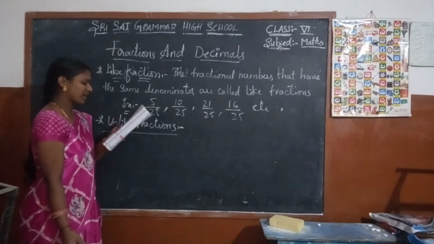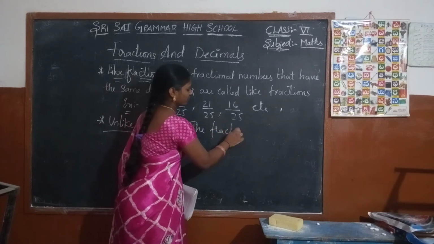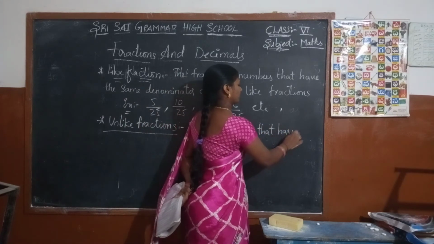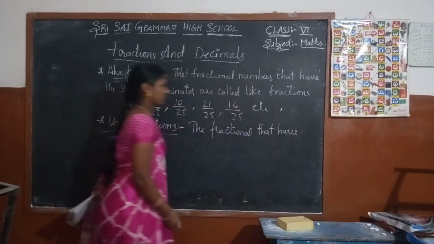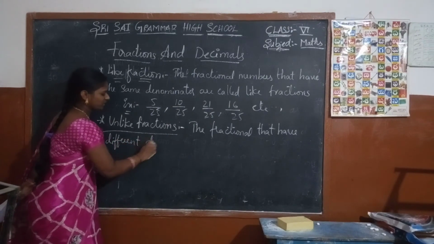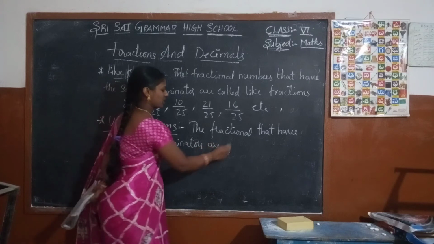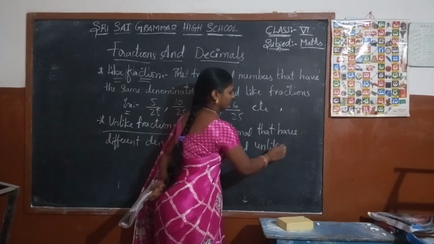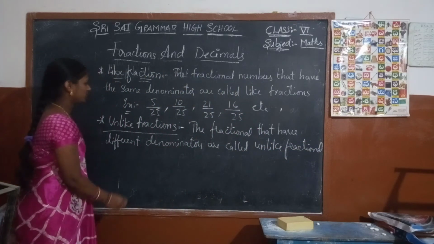Unlike fractions: the fractional numbers that have different denominators are called unlike fractional numbers.